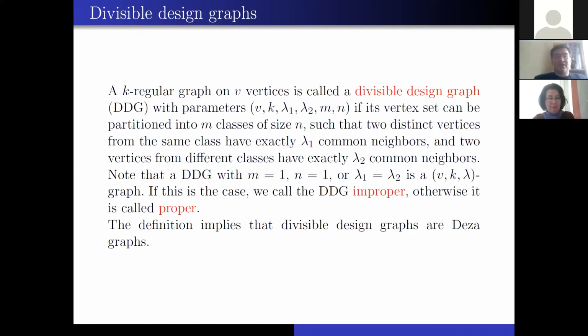Note that DDGs with m equal 1, n equal 1, or lambda1 equal lambda2 are (v,k,lambda) graphs, and in this case we will call such graphs improper divisible design graphs. Otherwise, we call them proper. And the definition of a divisible design graph implies that such graphs are DD graphs.